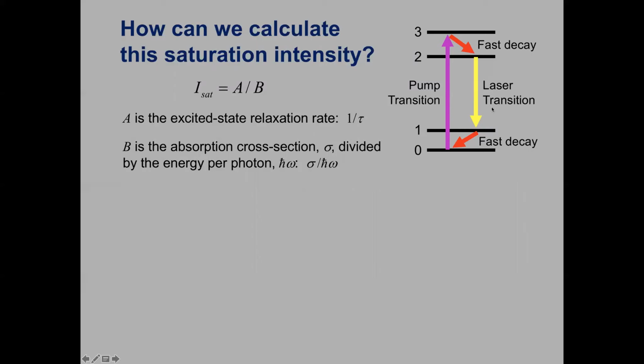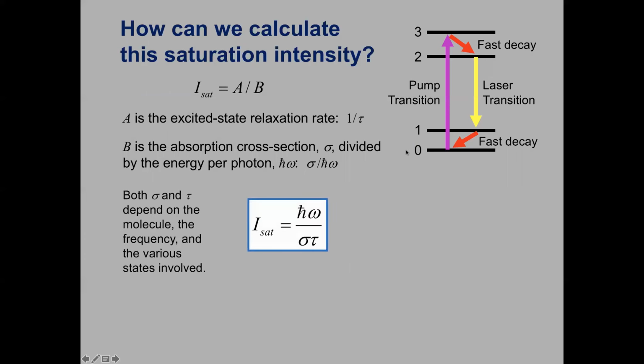So here you might consider thinking of this rate as 1 over tau. Tau would be the lifetime of, in this case, state 2, how long atoms on average like to hang out there before they decay down to a lower state. So that's kind of what A would represent. B is a measure of the probability of absorbing a photon, going from 0 to 3, more or less.